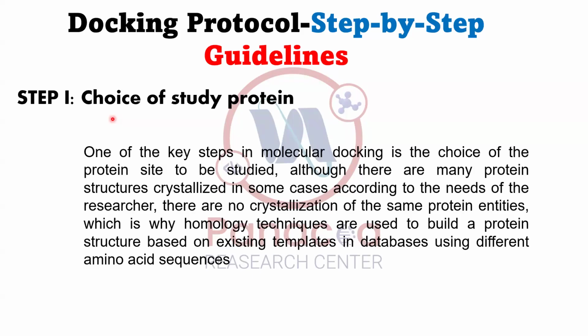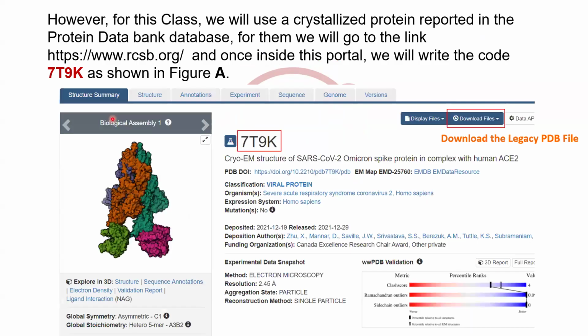After selecting a protein, we can retrieve it from the RCSB PDB using its ID, like here we marked the ID, and we will download the legacy PDB file from the download files. Okay, I will show you in the live session.